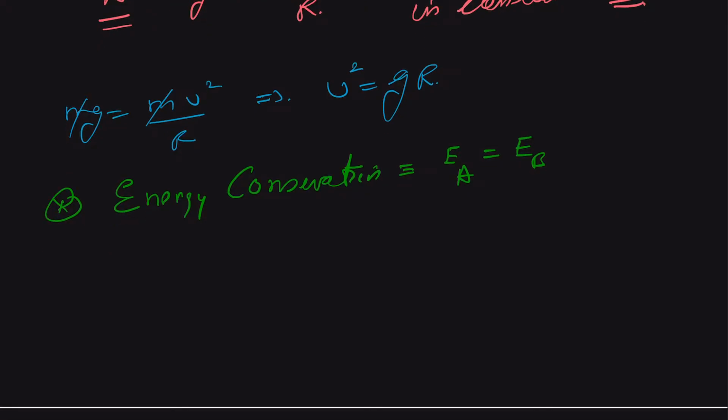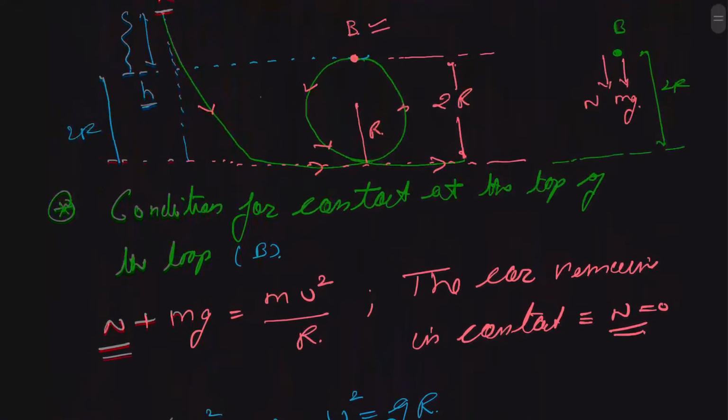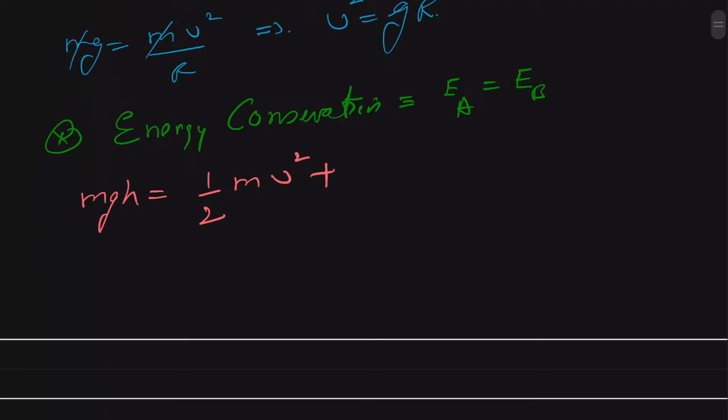Therefore, energy at A will be equal to mgh, and energy at B will be potential as well as kinetic. For the kinetic, the velocity is v squared, and the height is the diameter, that is 2r.